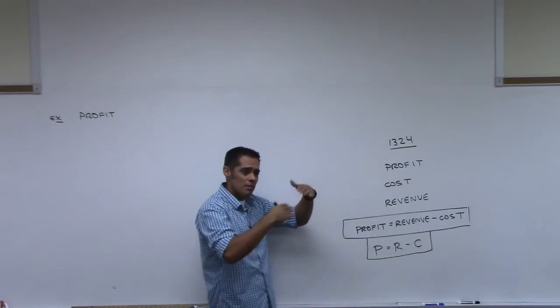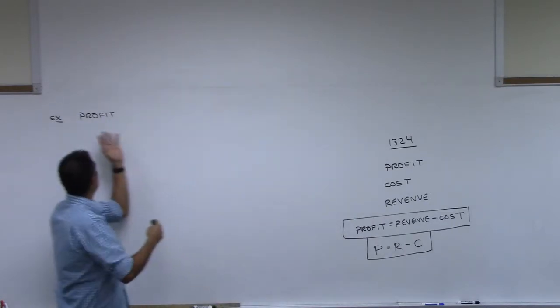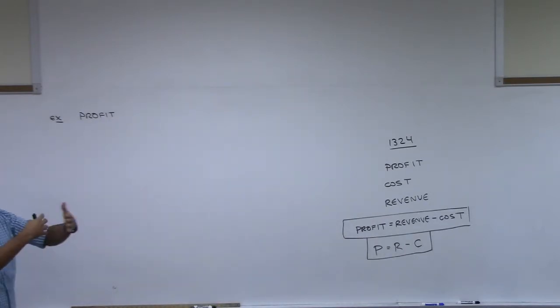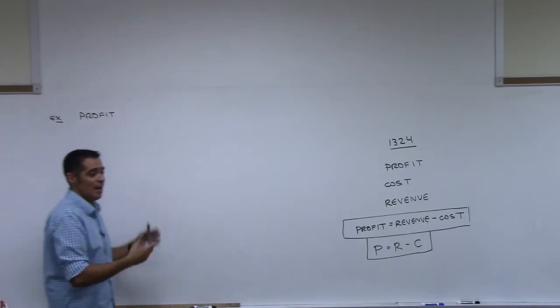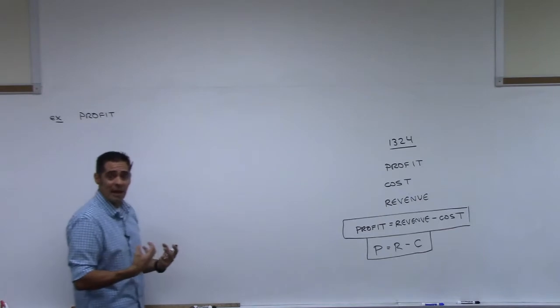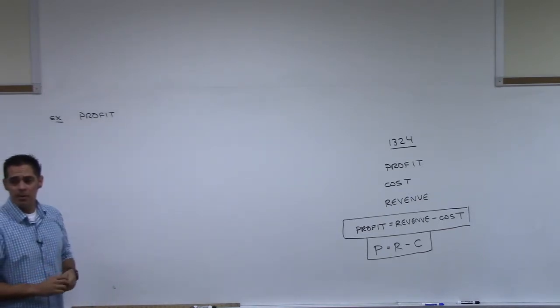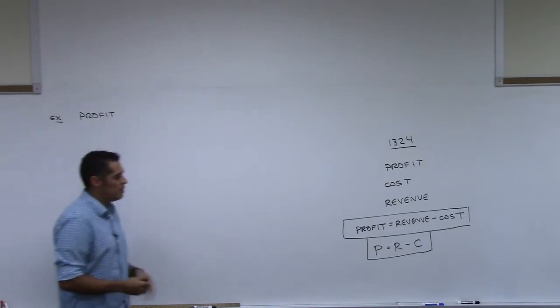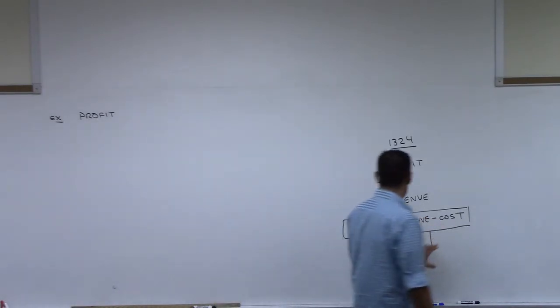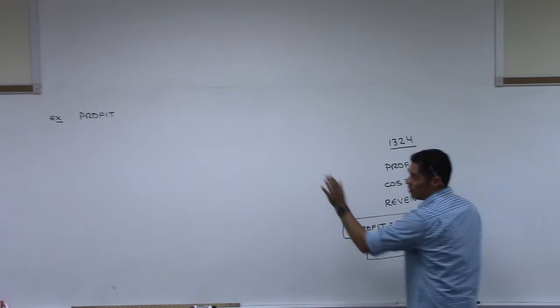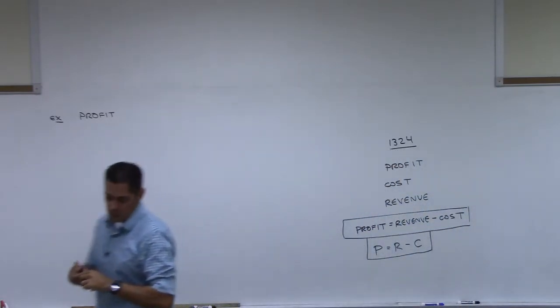It all depends on what's going on within the algebraic function that you're using to model your business. So if the function tells you, hey, you need to bring the price back in order for us to maximize profit, then that's what we have to do. You'll see how it all works together, but I want to make sure you understand this relationship before we move forward. So what we're going to do right now is look at a profit function.